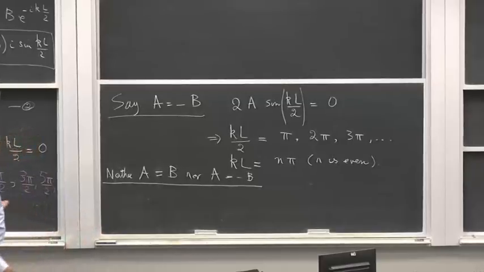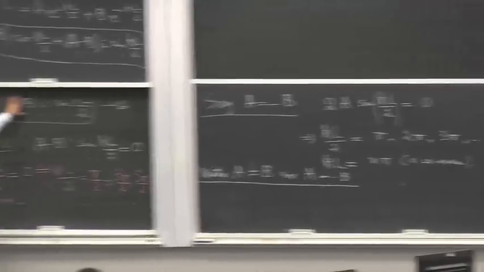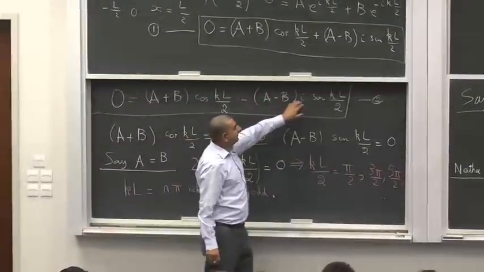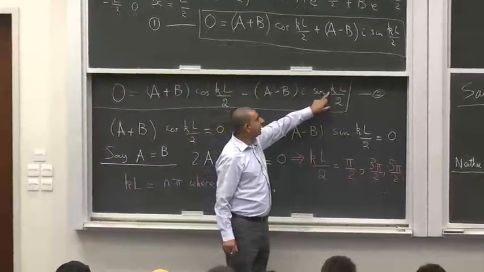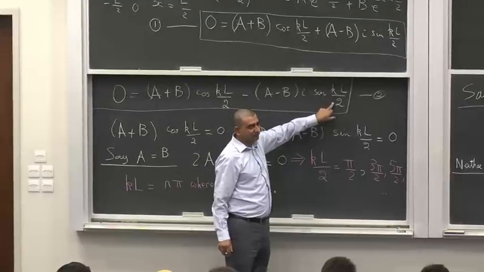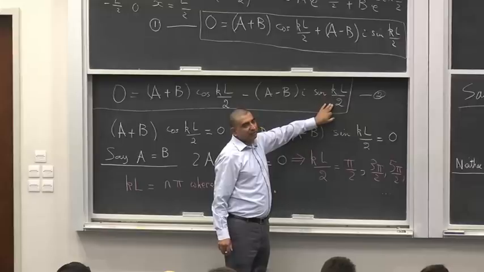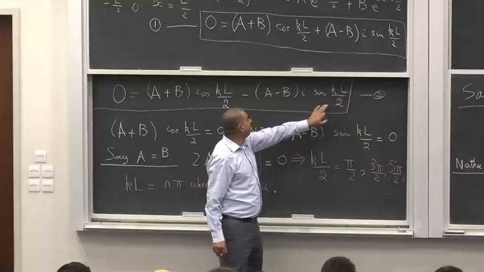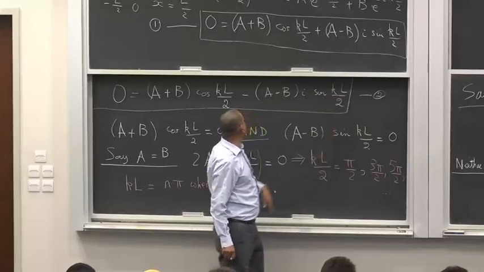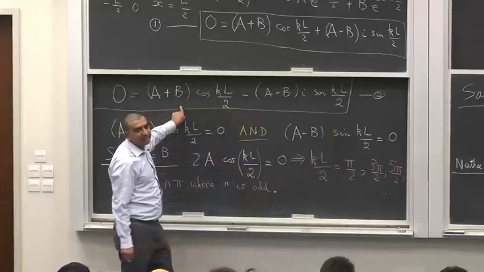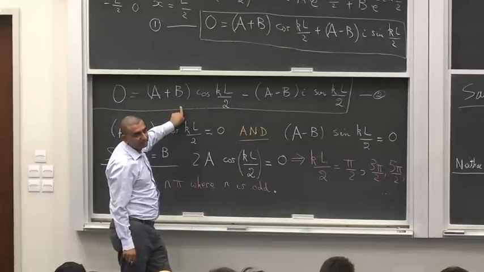So if you have neither of the two conditions, this becomes some constant C, which is non-zero. Then you have certain restrictions. Sine KL over 2 must be equal to 0. Which means KL over 2 must be equal to pi, 2 pi, 3 pi. But if you put those values of KL over 2 in here, you will never be able to satisfy this equation simultaneously.